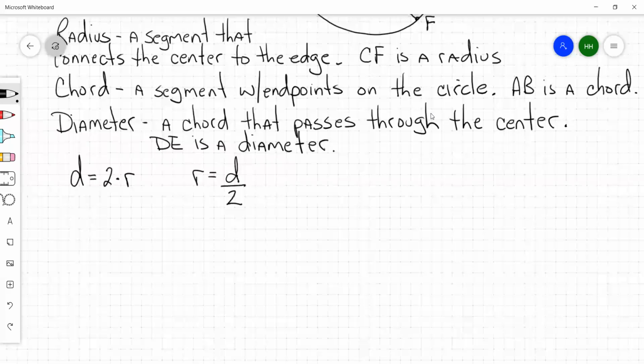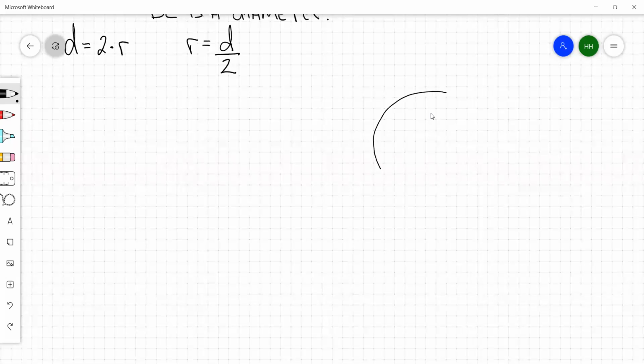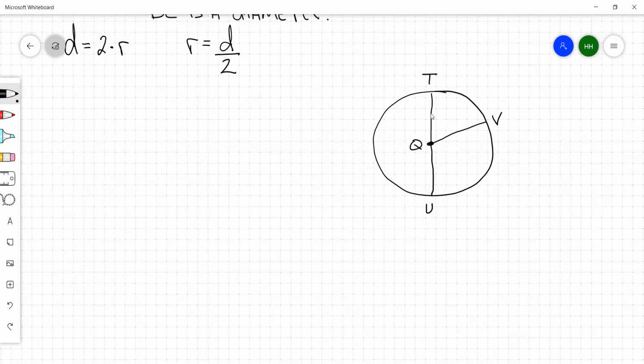So if you are given a circle, and you're told that QV equals 8, what is the diameter?